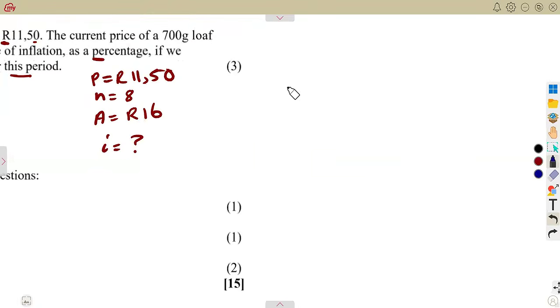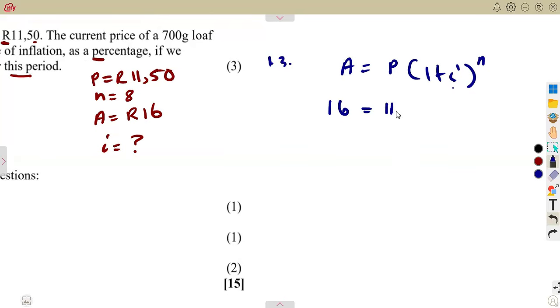Amount is equal to P into 1 plus i to the exponent of n, and what we need is this i. The amount is 16, so 16 is equal to P, which is 11.5, into 1 plus i, which is the one that you need, and n is going to be 8.